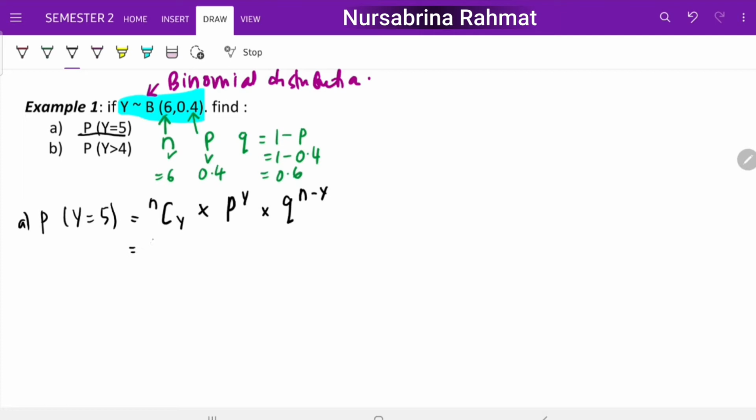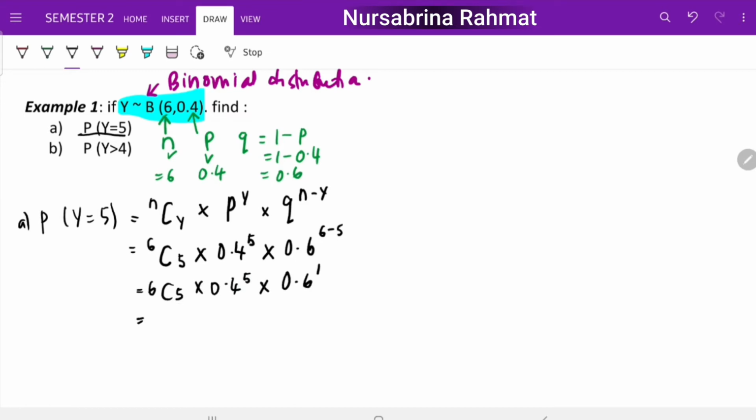So it is 6 choose 5 multiplied with 0.4 to the power of 5, multiplied with 0.6 to the power of 6 minus 5, which is 1. Now use a calculator to find the answer. You should get 0.0369.